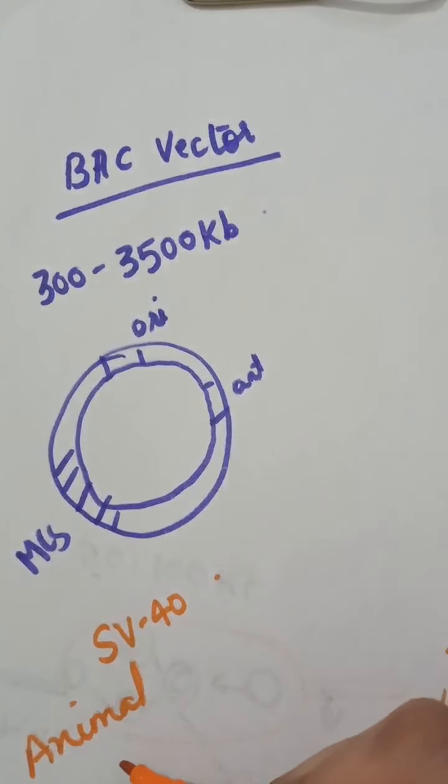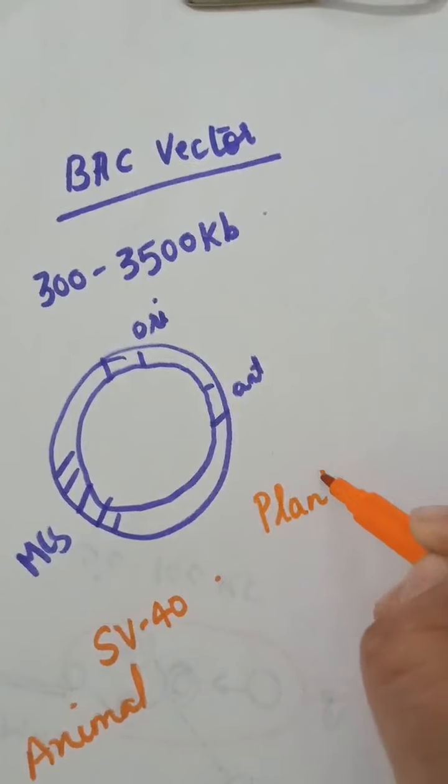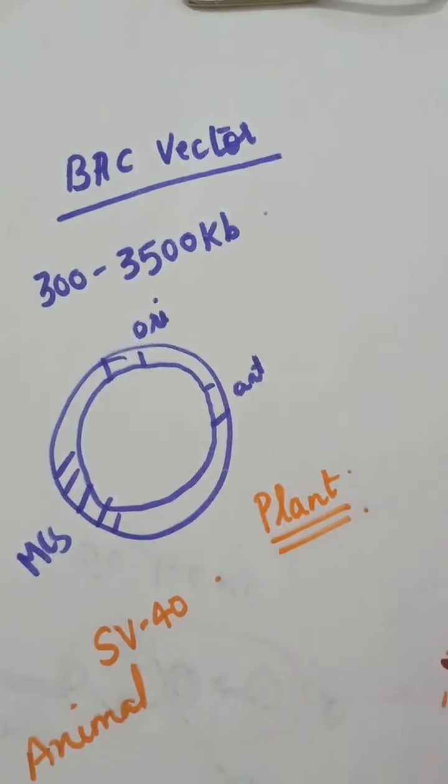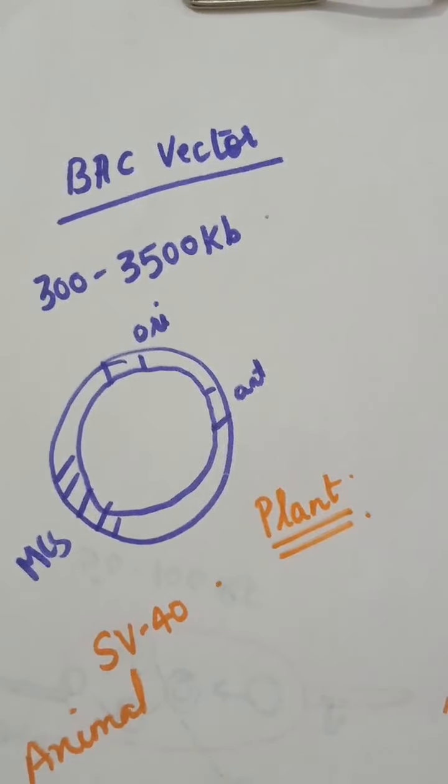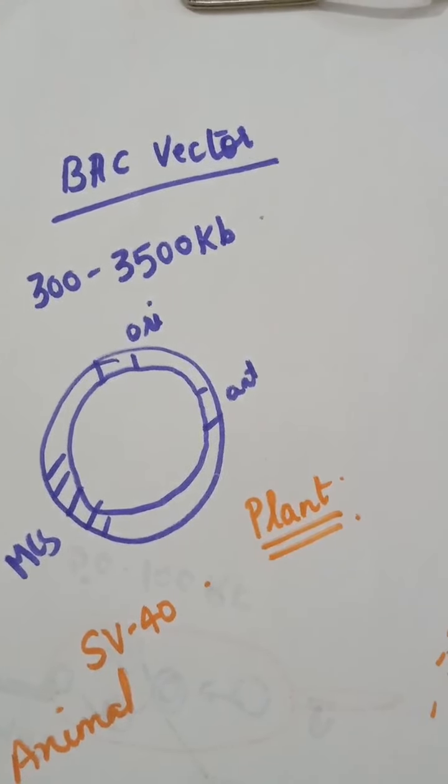After animal viral vectors, the last is about plant viral vectors. As we know, there are several plant viruses which can cause serious loss to crop plants. Some viruses, such as tobacco mosaic virus and cauliflower mosaic virus, have been used as vectors, though success has been achieved only to a limited extent.